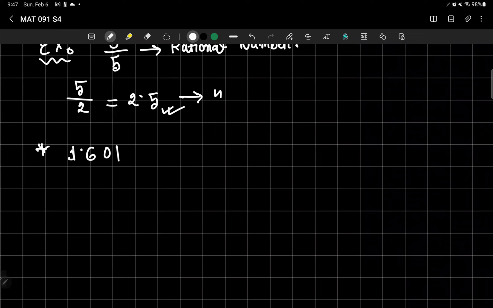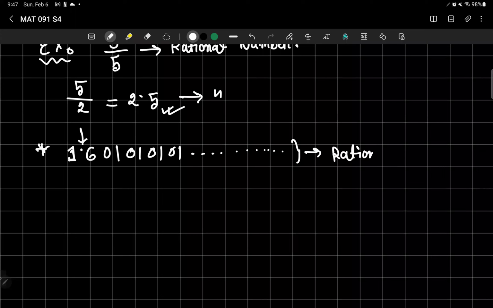Then we can have decimal point numbers. Decimal means this dot. Let's say this number is 1.6010101 and it goes on and on. This is also a rational number. So why is this a rational number? Let me see if I can find a good example. Consider 10 by 3.